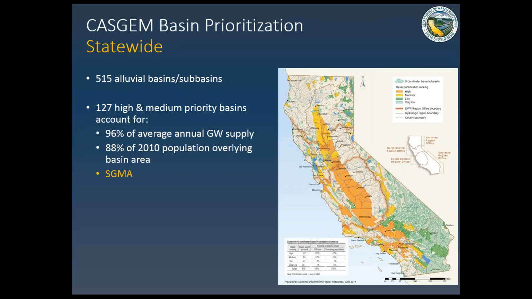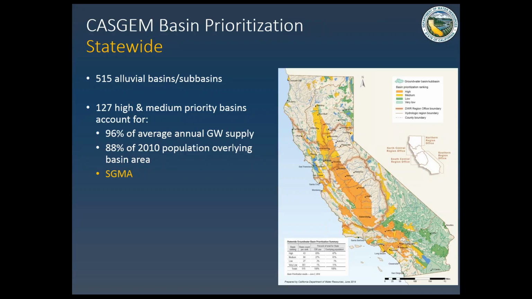We looked at every basin and considered the following components: the population overlying the basin or subbasin, its projected growth, public supply wells, the total number of wells installed, the irrigated acreage overlying that basin, and the extent to which the overlying basin relies on groundwater, which includes the amount of groundwater being extracted along with the ratio with respect to surface water.